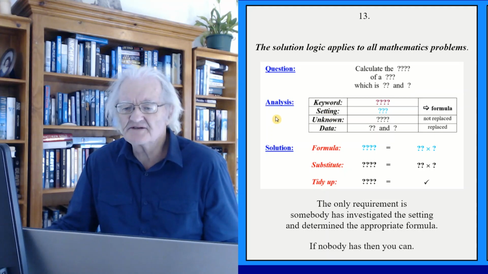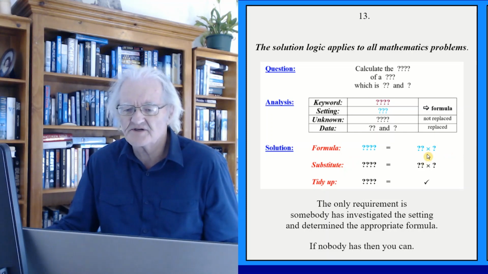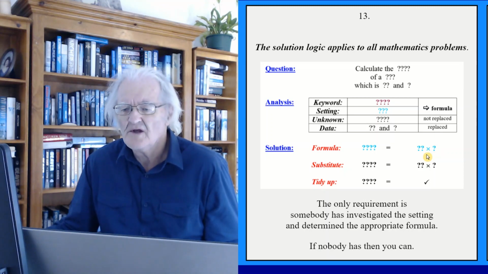So the analysis of this general question: the keyword, the setting, the data. So there will be a formula of some type. Maybe it involves multiplication, as in the case of the rectangle. We substitute the information the question supplies.